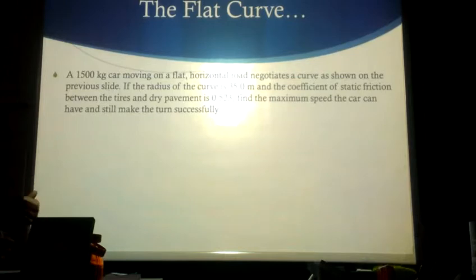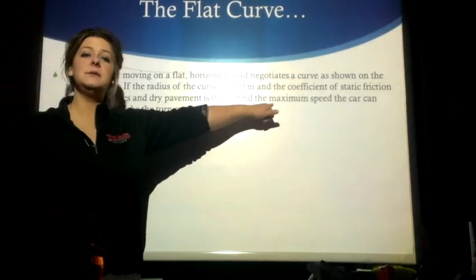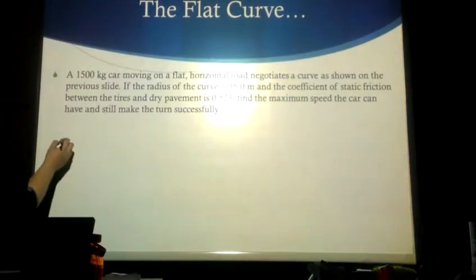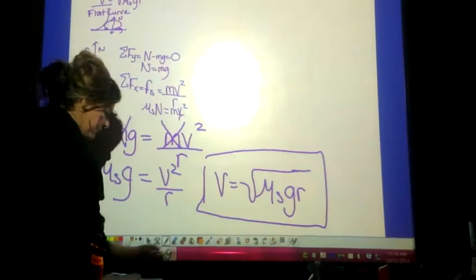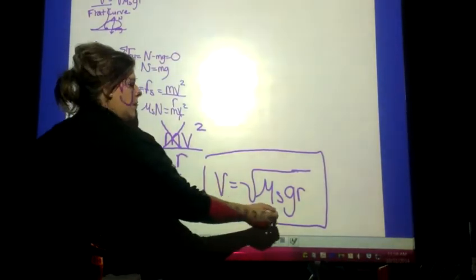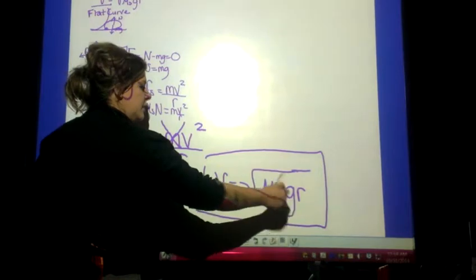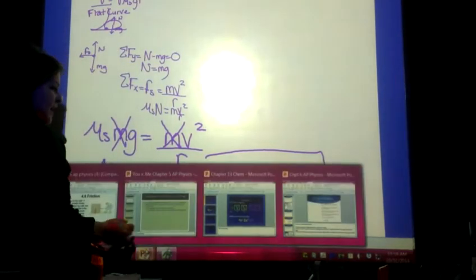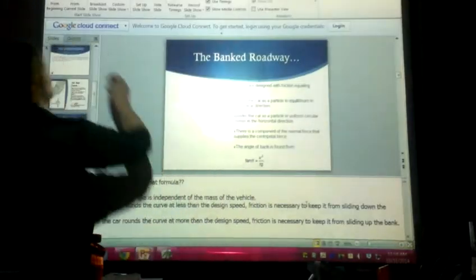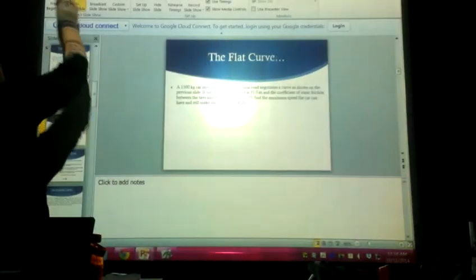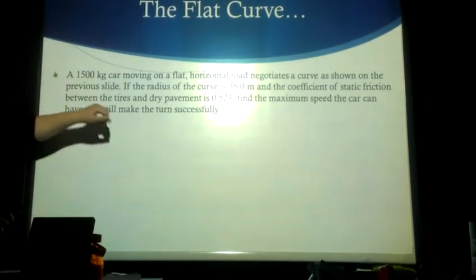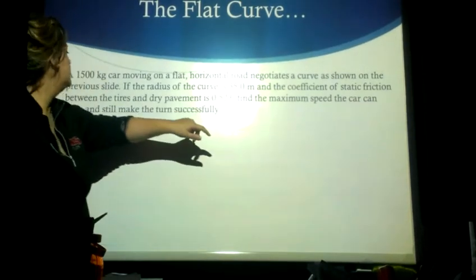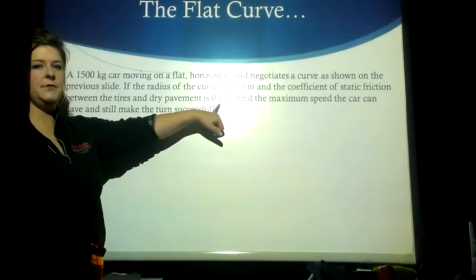We just found an equation for calculating maximum speed. That maximum speed was v equals the square root of the coefficient of static friction times the acceleration due to gravity times the radius. They gave me mass, they gave me radius, they gave me the coefficient of static friction.